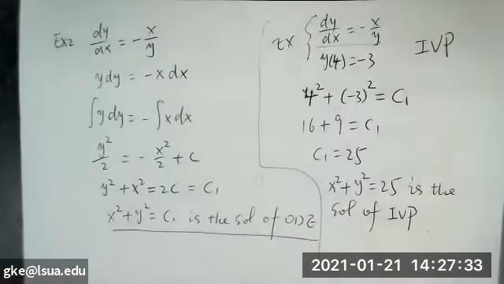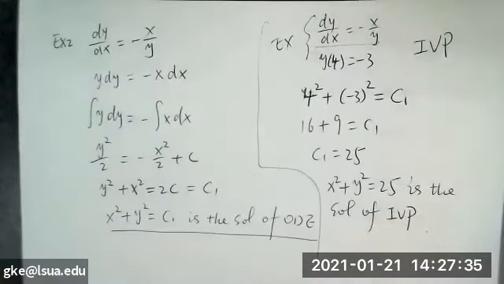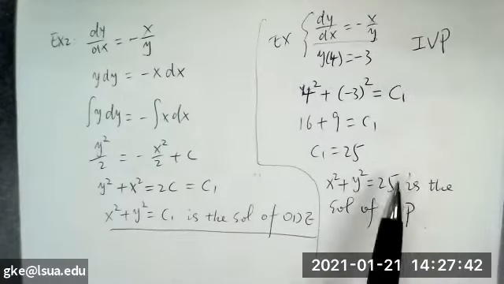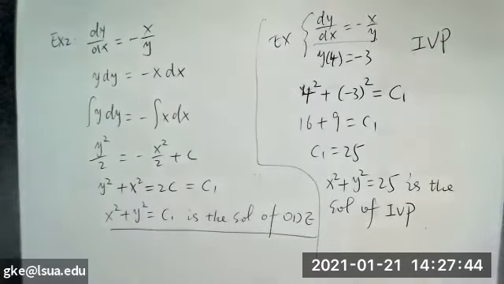Okay, did you see the difference between these two? For the solution of the ODE, there's a constant. For the IVP problem, the solution is always a unique specific number. Okay, be careful. Now I'm gonna give you guys another example. Let you guys try. For example.